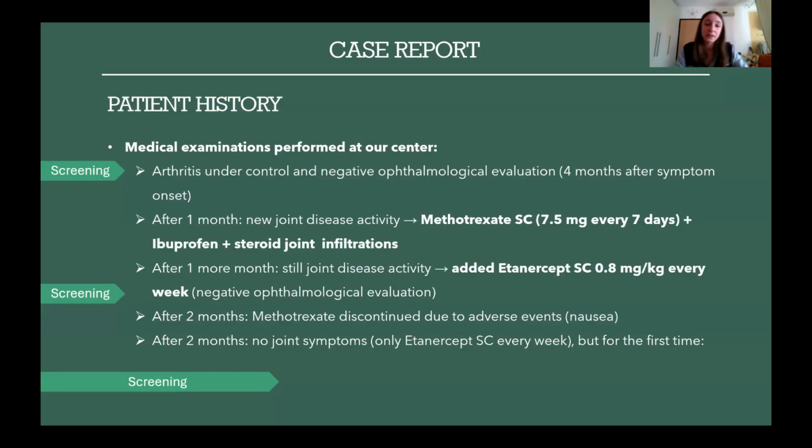After 2 months, she discontinued methotrexate due to adverse events, and after 2 months, she had no joint symptoms. She was only on etanercept for systemic therapy, and for the first time, she resulted positive at the ophthalmological screening. And so she had onset of bilateral uveitis.